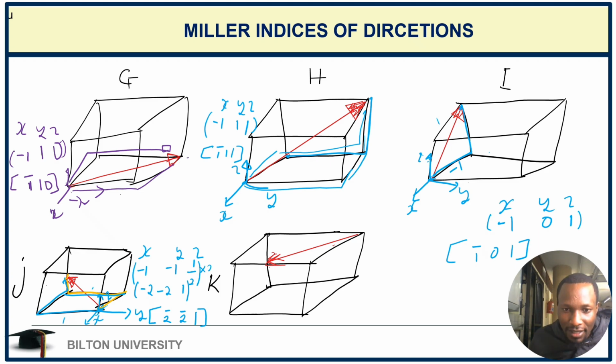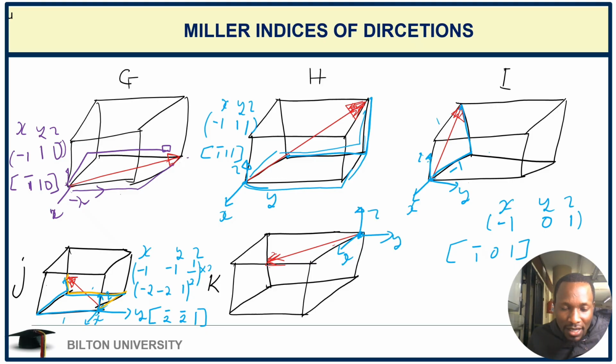Finally, let's look at k. If you look at k, this is where it all begins. The journey begins here. This is the birth of k. So this is our origin. This means that this is our x, this is our y, and this is our z.